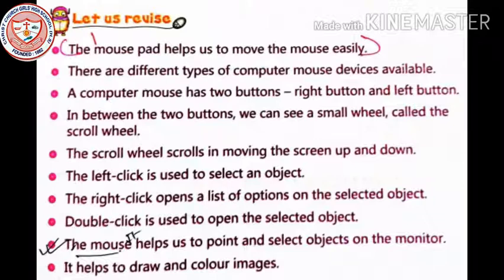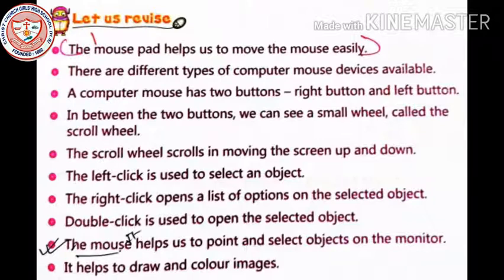The next portion is the mouse pad. When we talk about our body parts, we always talk about the clothes we wear, right? Like that, the cloth of a mouse is the mouse pad. The mouse pad helps to move the mouse easily and smoothly.